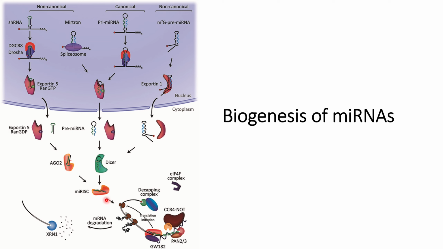In most cases it will inhibit, but in some cases it can also overexpress some mRNAs. So this is the canonical pathway, where more maturation occurs within the nucleus.